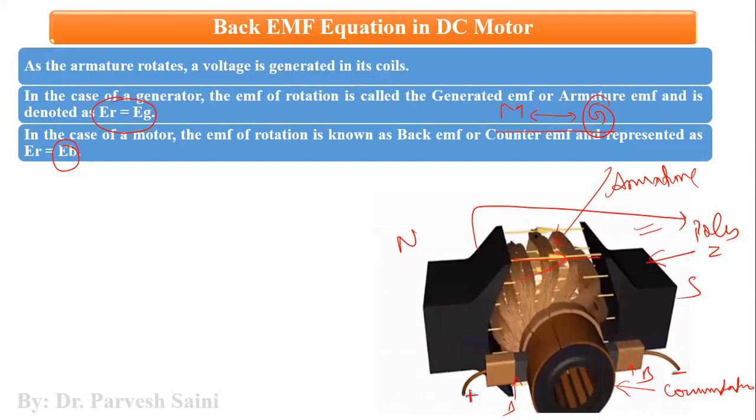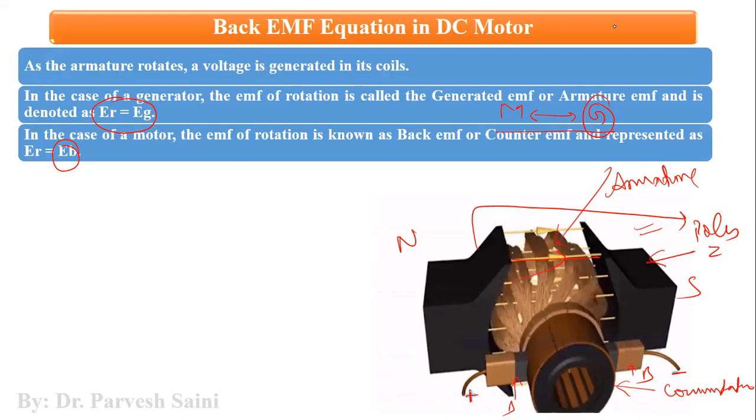While rotating, these conductors are no doubt carrying current, but they are also cutting the flux. Now when they start cutting the flux, because of generator action, they will have EMF induced over them. The direction of this EMF is given by Fleming's right hand rule. The direction of this EMF will always be opposite to the direction of applied voltage.